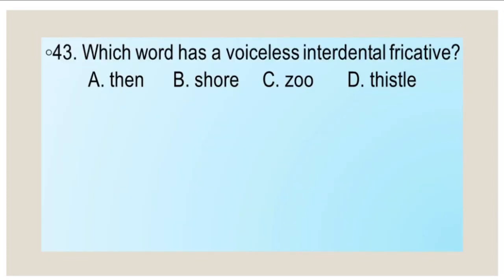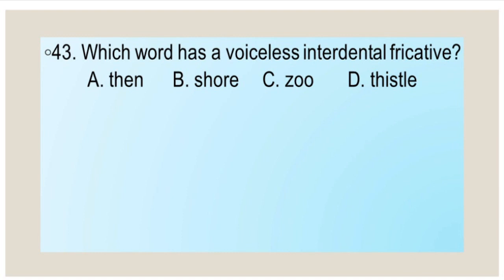Next question. Which word has the voiceless interdental fricative? This question is difficult to answer if we do not understand fricative. A fricative is a sound denoting a type of consonant made by the friction of breath in a narrow opening, producing a turbulent airflow. This is the reason why we hear a hissing or a buzzing sound from a fricative. All the options have fricatives.